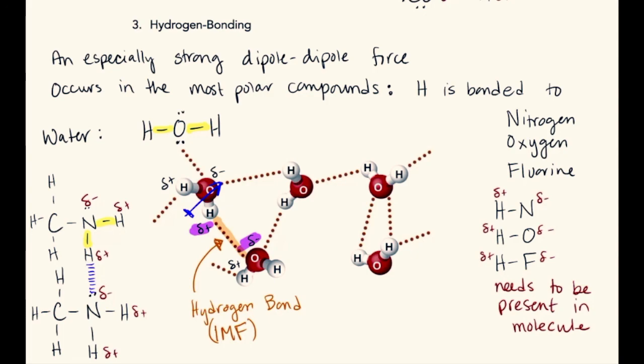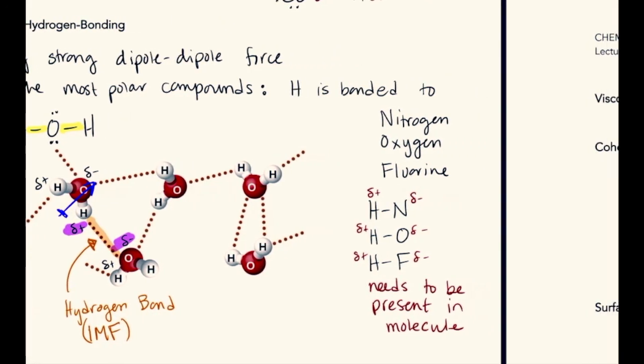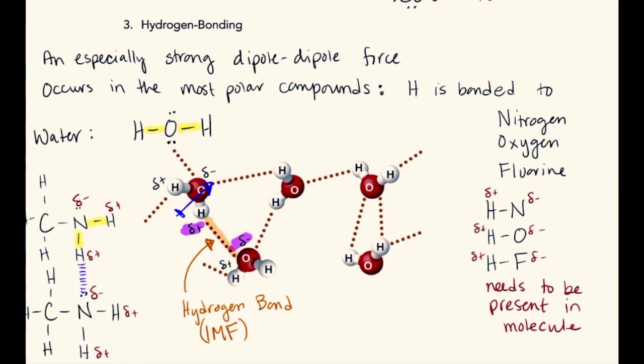Okay, so these are the three types of intermolecular forces. And this is going to be the end of this video. Just get familiar with the types of forces and how they compare. I started off by saying that the London dispersion forces are the weakest.